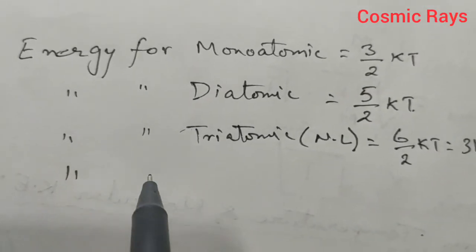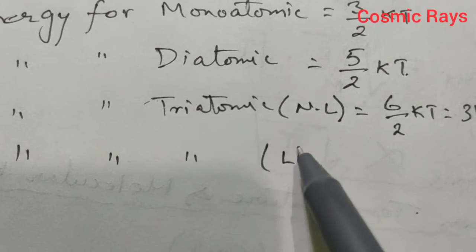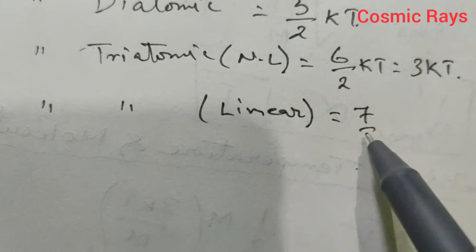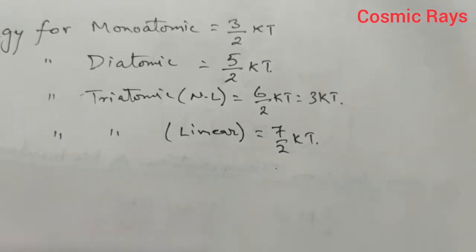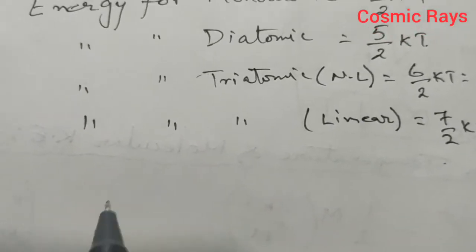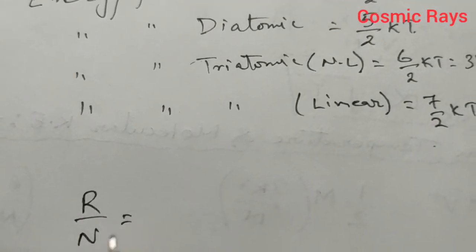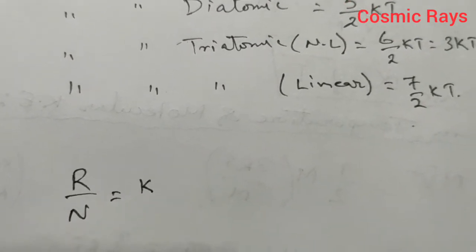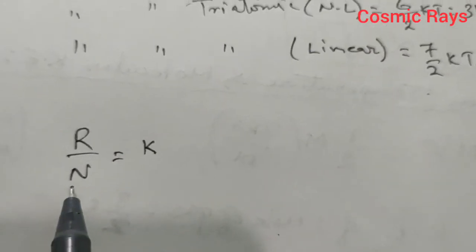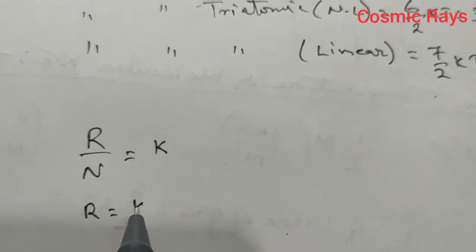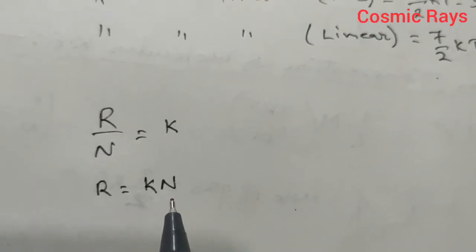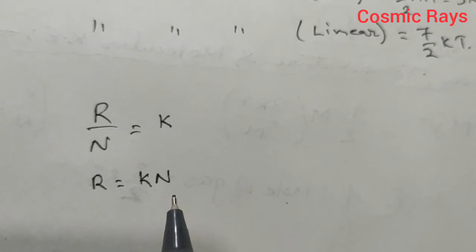And energy associated with triatomic linear molecule is nothing but 7/2 kT. Now we know that R upon N is nothing but Boltzmann constant. So if I take N on the other side, then I have R is equal to kN, where N is the number of molecules present in 1 mole of the gas.